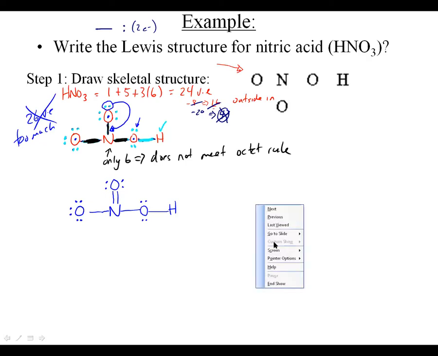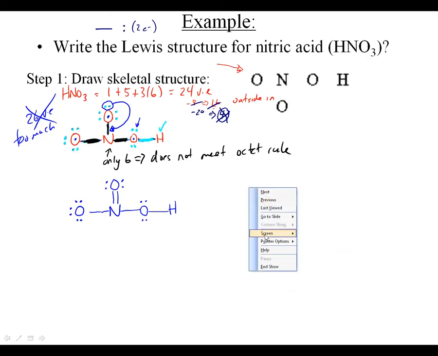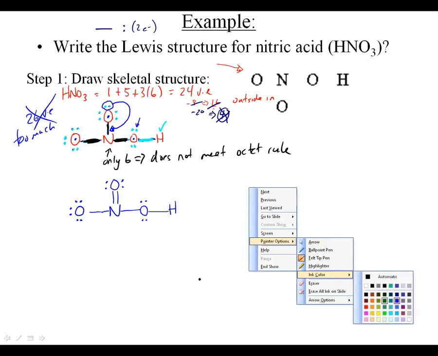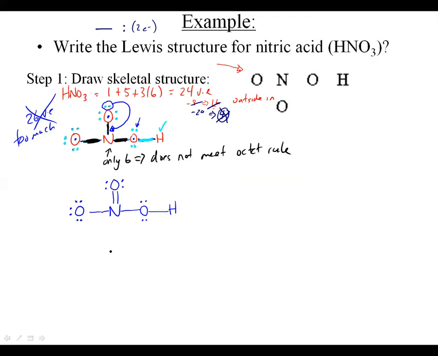Everybody has 8 valence electrons. And the total number of valence electrons that we are using is still 24, so we still have the correct number of electrons.